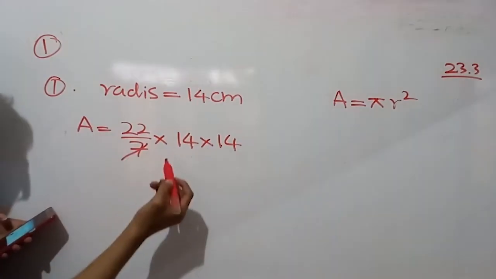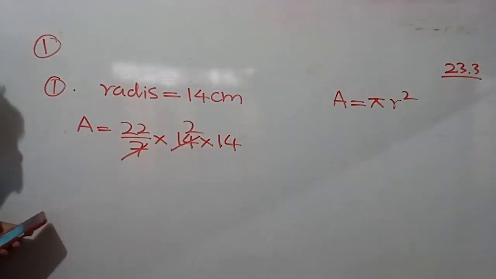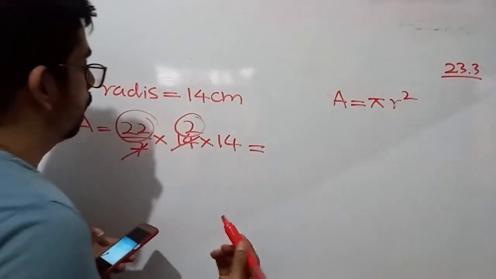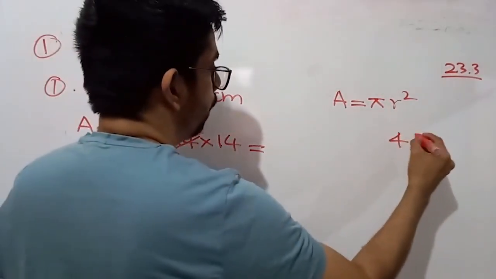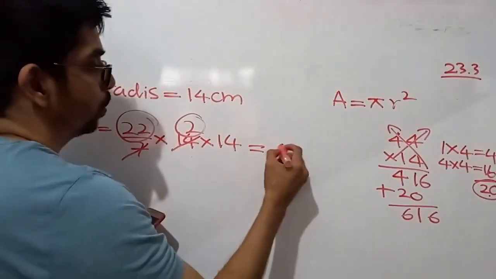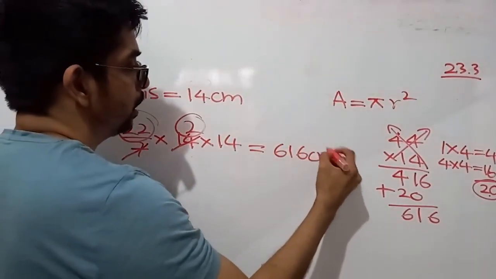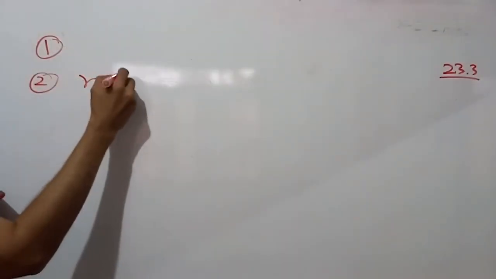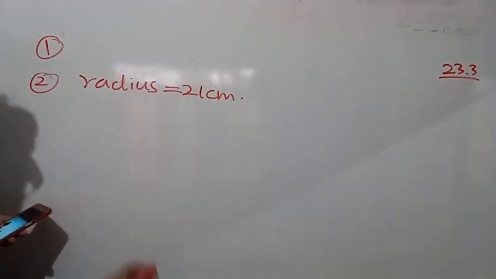14 square. 7 times 1, 7 times 2. So we have 22 into 2, that means 44. Right? So we will have to multiply that by 14. So 616 square centimeters. So here the radius will be 21 centimeters. Right?